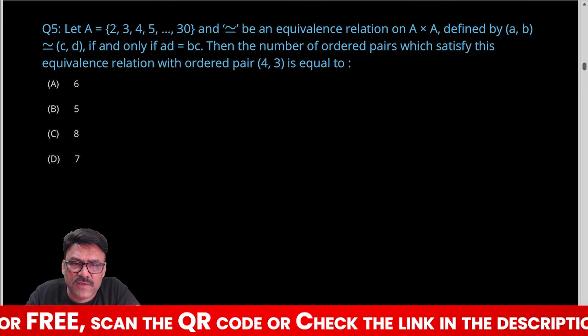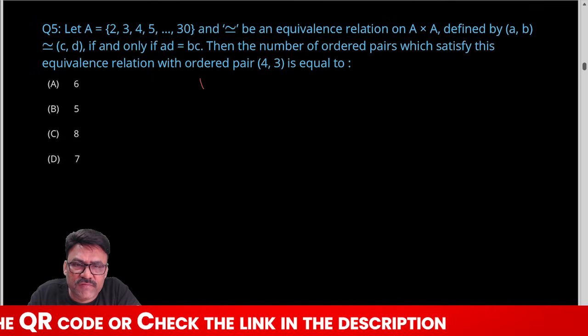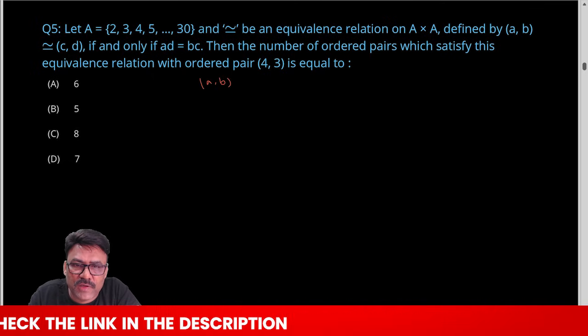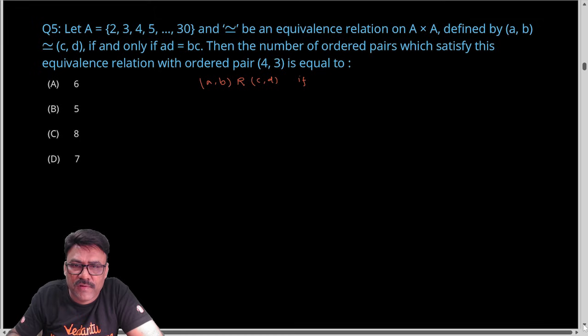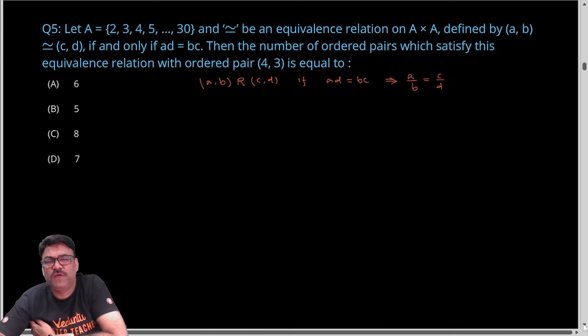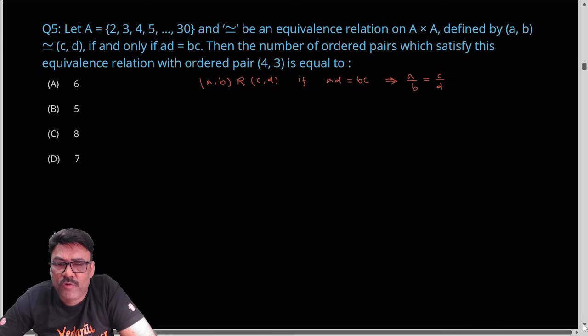So you can see that AB is related with CD if AD is equal to BC, or you can say A over B is equal to C over D. So now you have to find how many pairs will be related with 4, 3.